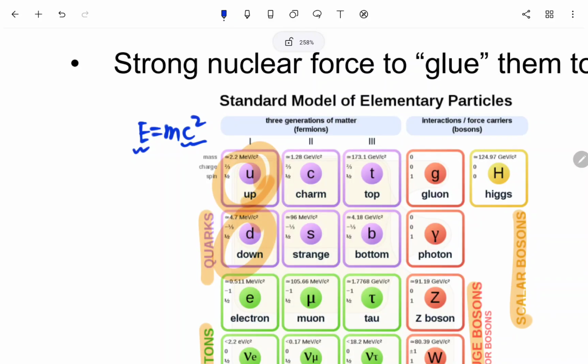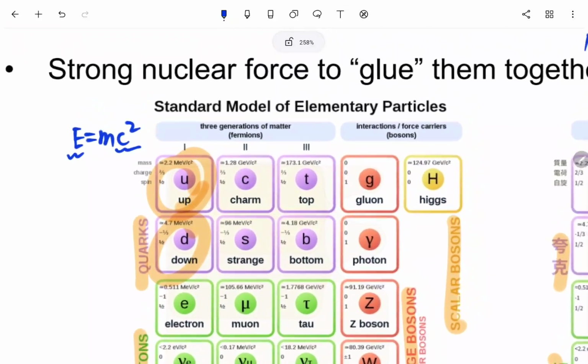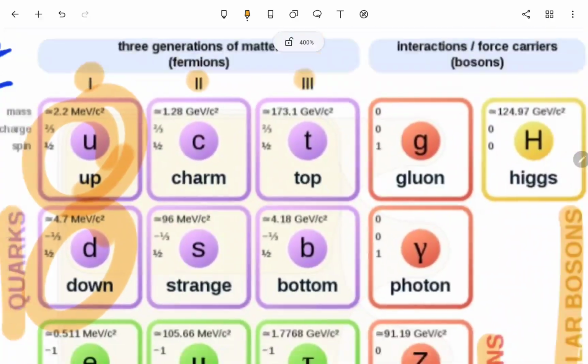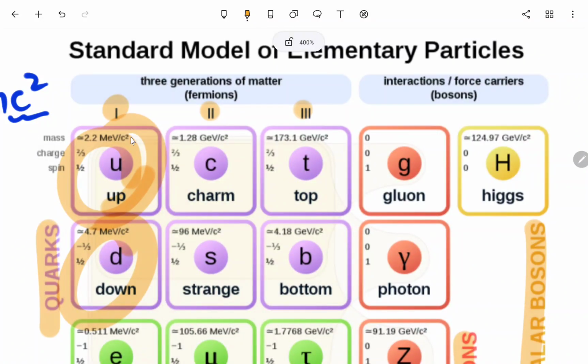Maybe you ask, how about the others? You can see there is something called a generation: generation 1, 2, 3. You don't necessarily need to go deep into the values, but at the very least you can see 2.2 MeV, 1.28 GeV, and then 170 GeV.